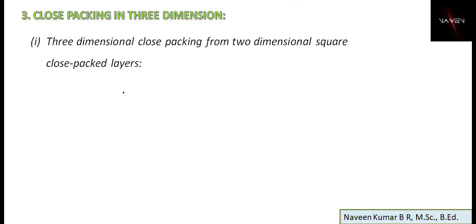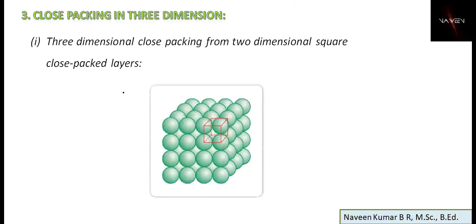Now close packing in three dimensions with respect to square close packing. Whatever square close packed structure we have in two dimensions, consider it as a row arrangement forming one particular two-dimensional layer. Like that you are placing all the layers, stacking the layers.